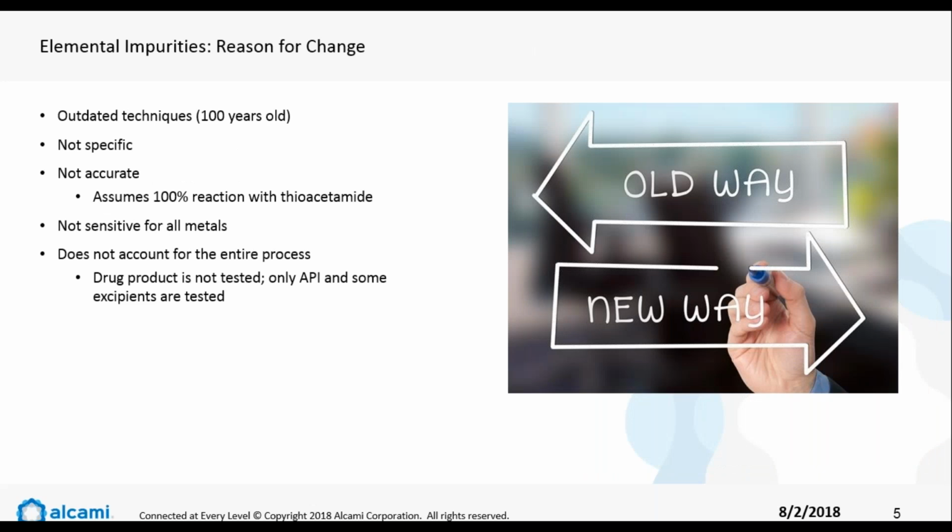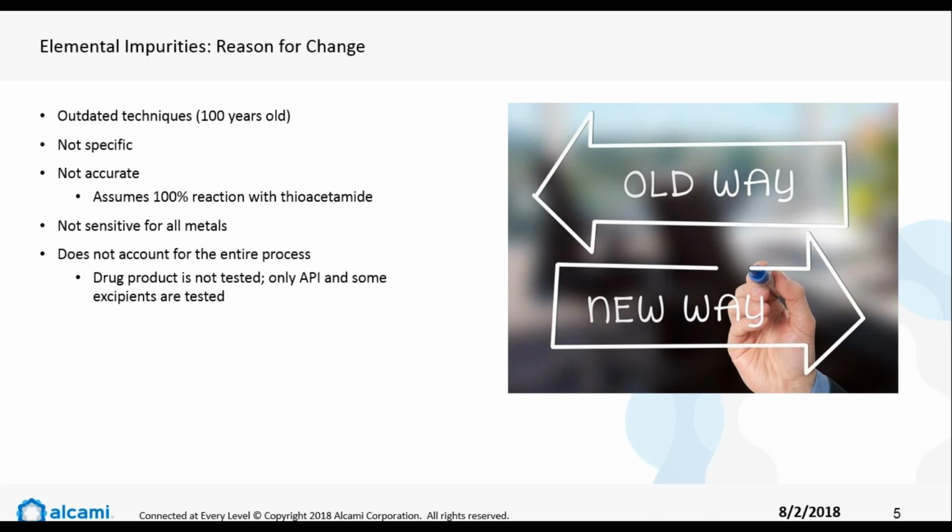So the reason for the change in the regulations, from an analytical perspective, the techniques were kind of outdated. They were wet chemistry techniques. There were some specificity and accuracy issues and sensitivity for all elements. So it didn't look at as many elements and definitely not in as specific a nature as what the change is.